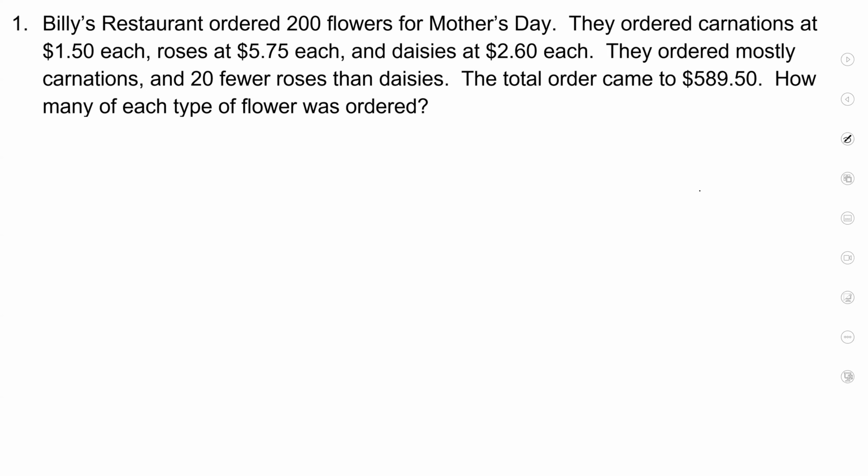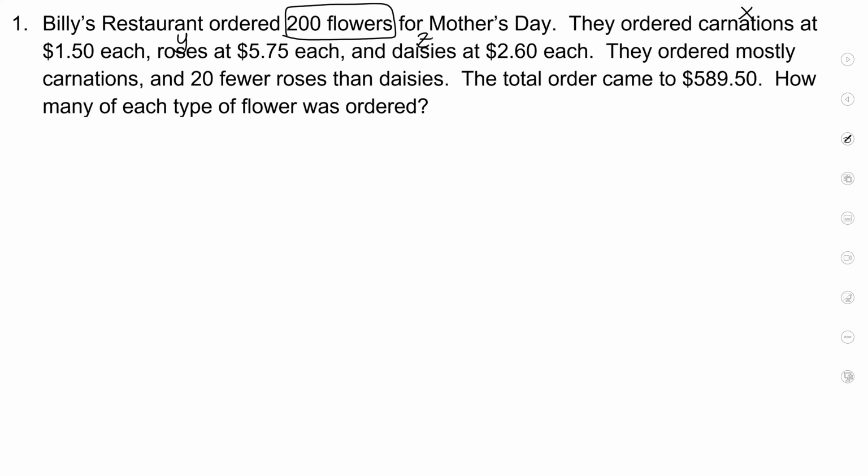Okay, first problem. Billy's restaurant ordered 200 flowers for Mother's Day. They ordered carnations, that's a type of flower, I'm gonna represent it by X, at $1.50 each. Roses, that's another type of thing that he bought. And daisies, that's another thing he bought.